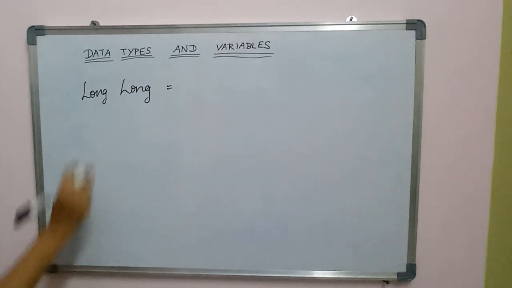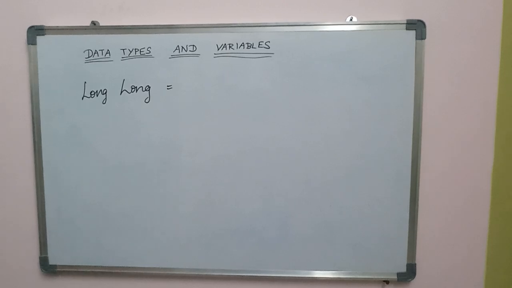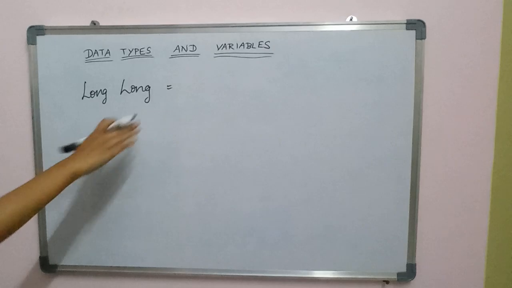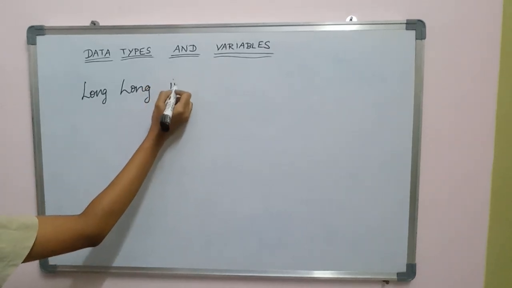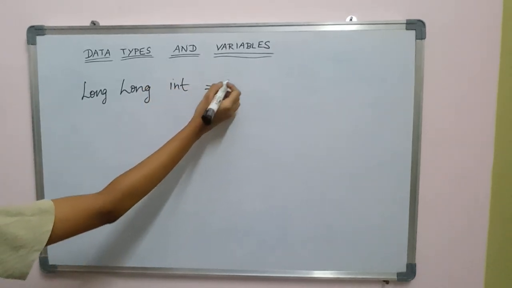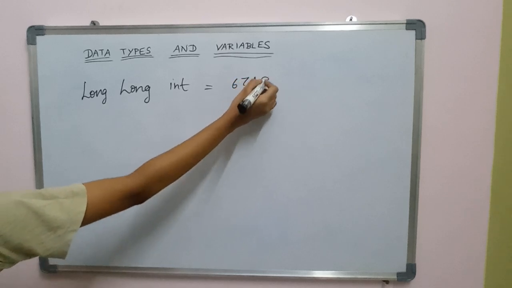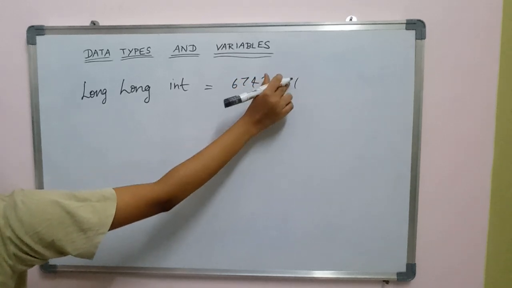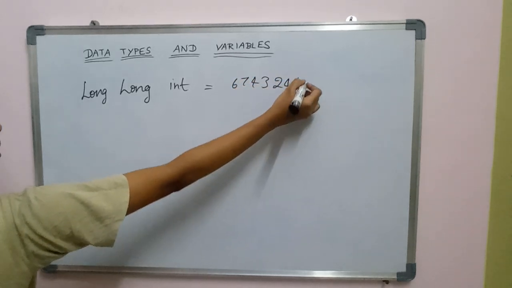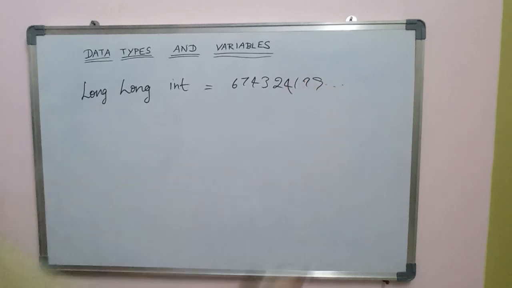You can use long for any of these, whether int, float or double. You can say long integer and store something like 6743214793. We can store values like this in a long. This is the importance and usage of long.